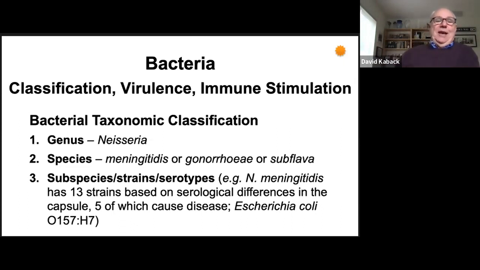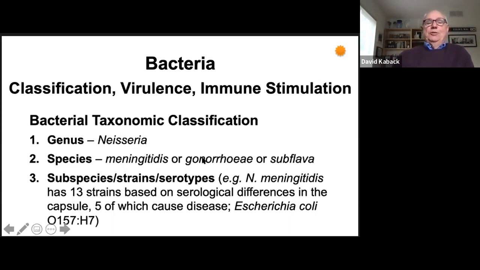So, for example, when we're talking about classification, every bacteria has a first name, which is the group of bacteria or the genus, and then a species name. So here are two species that belong to the genus Neisseria: Neisseria meningitidis, which of course causes meningitis, but also causes a lot of other kinds of infections, and Neisseria gonorrhoeae, which causes a urinary tract infection.